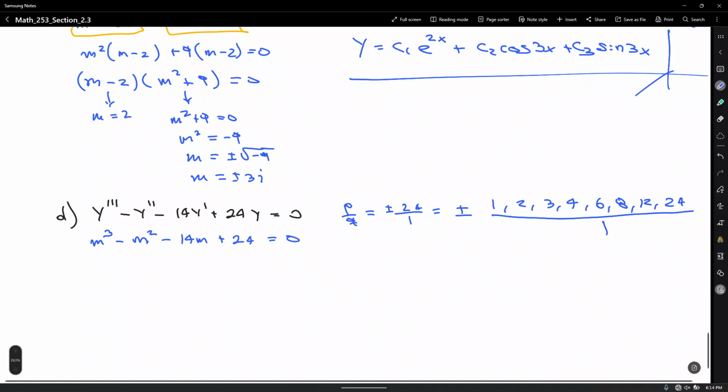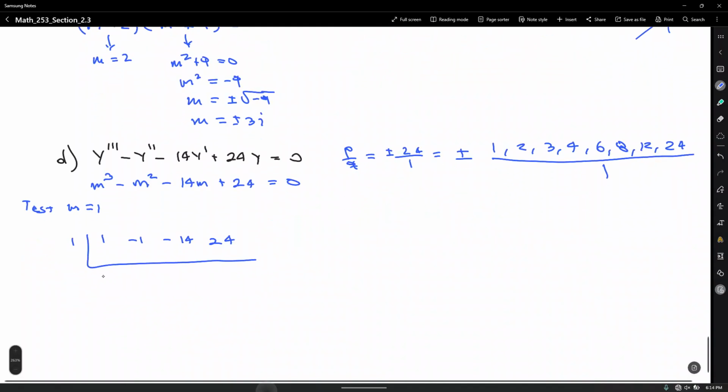So let's get a refresher with an example when the potential zero works and doesn't work. Okay, so again, I'm going to test m equals 1. I'm going to write the coefficients: 1, negative 1, negative 14, 24, and 1.